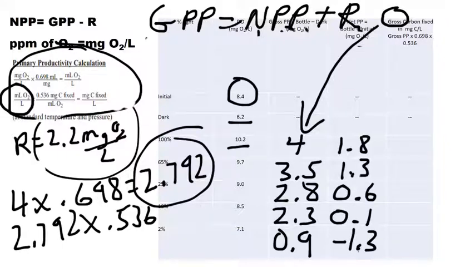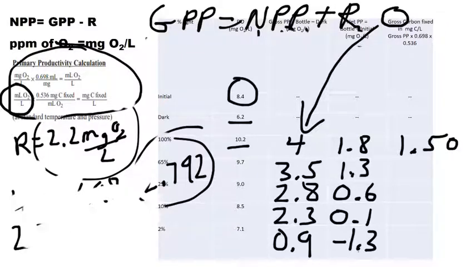So when we multiply that out, 2.792 times 0.536, we end up with an answer, rounded to the hundredths place, of 1.50 milligrams of carbon fixed per liter of water. And again, we're going to put that right here. All right, we'll continue that same pattern for our other calculations.